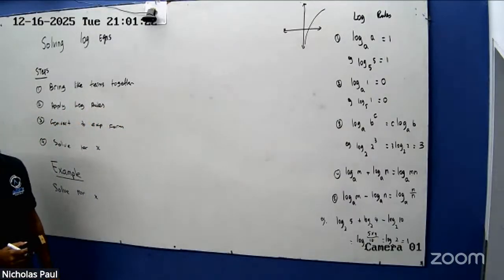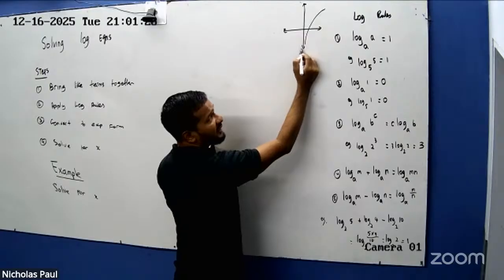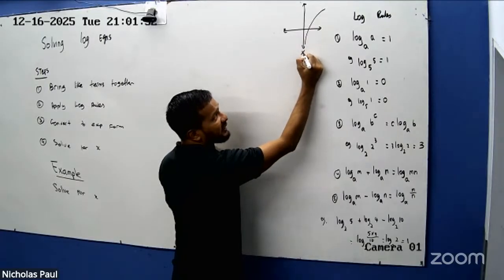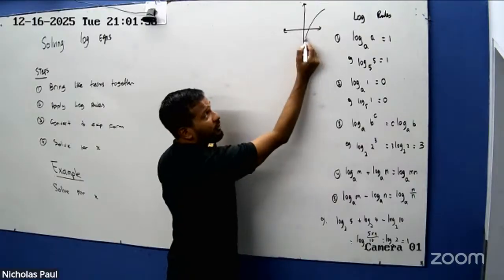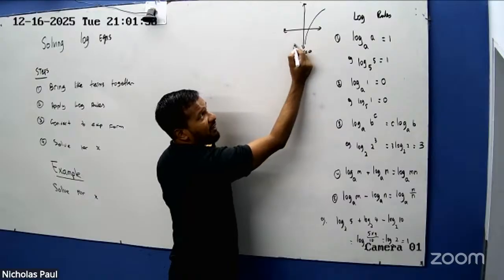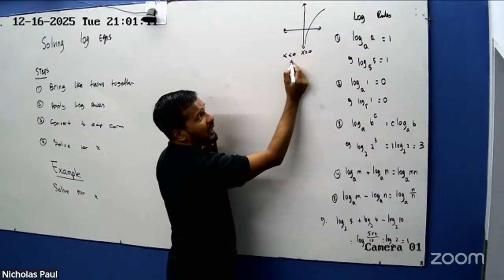Look at it. In a shape kind of way, right? This log graph never touches this axis, so it means that x is never equal to 0. You'll also notice that the graph is never on the negative side. So x is never equal to 0 or less than 0.